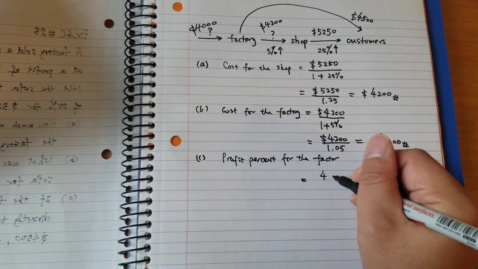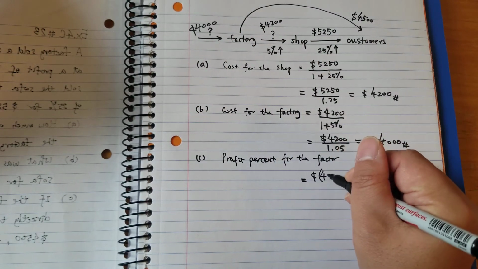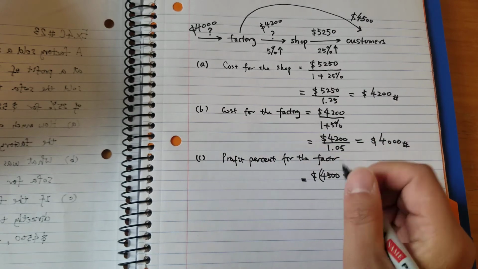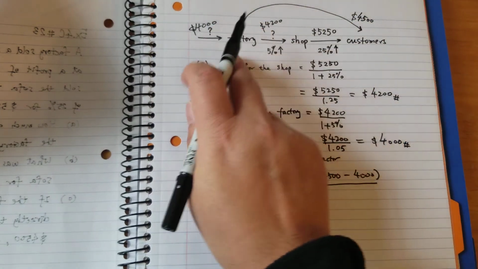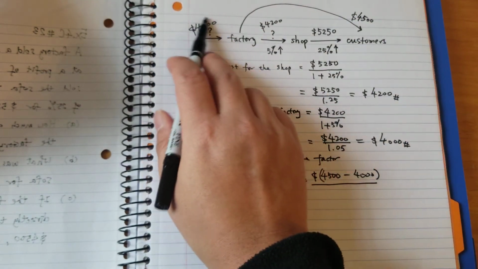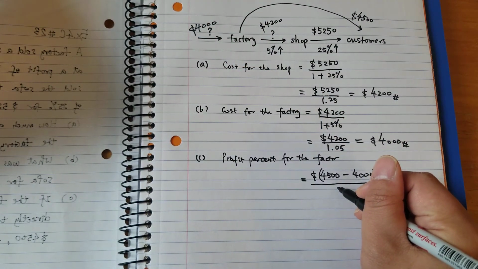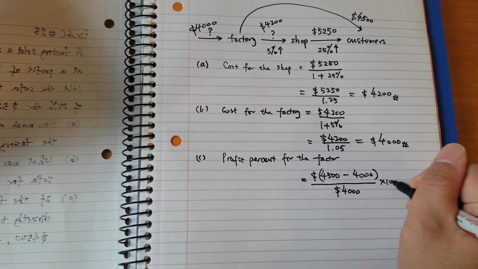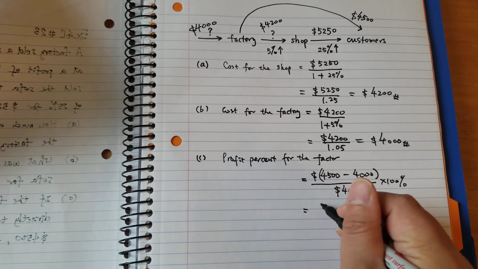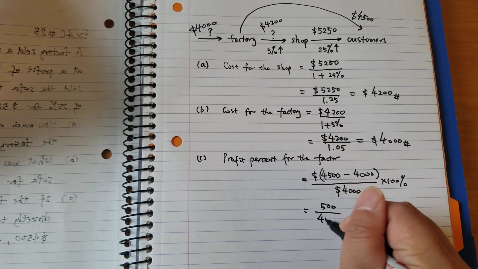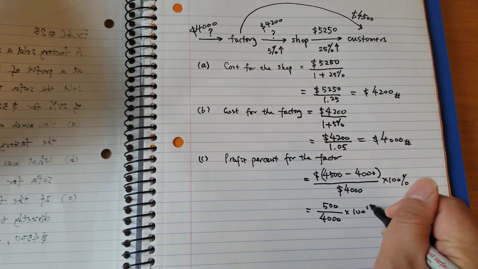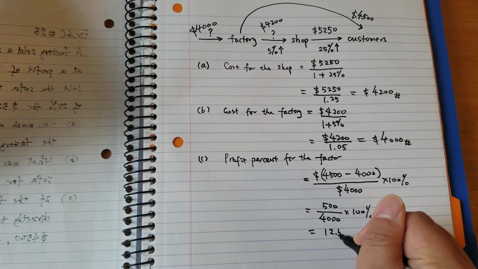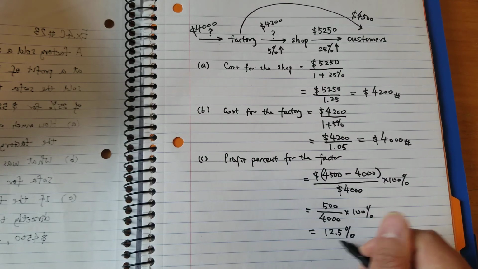So that is the increase of this amount over the cost, right? Looking at the factory, what is the cost? This one. So it should be 4,000 multiplied by 100%. So the answer should be 12.5%. That is a perfect percent.